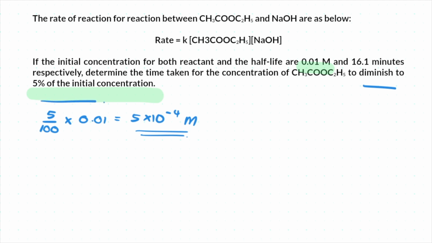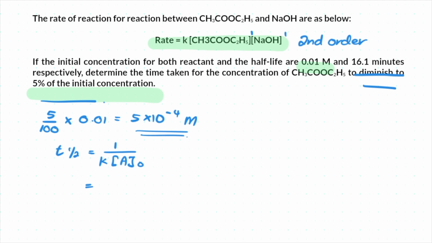And then when you look closely at the question here, you can see that this is a second order reaction because this is 1 and this is 1, so 1 plus 1 is 2. Therefore, the half-life for a second order reaction is equivalent to 1/K times the initial concentration. So from here, we know that your half-life is 16.1 minutes.